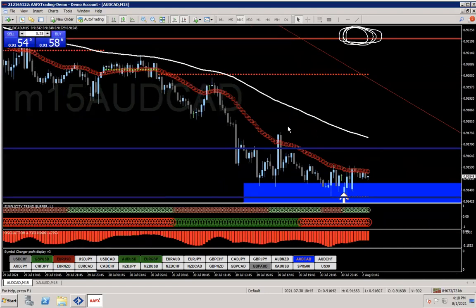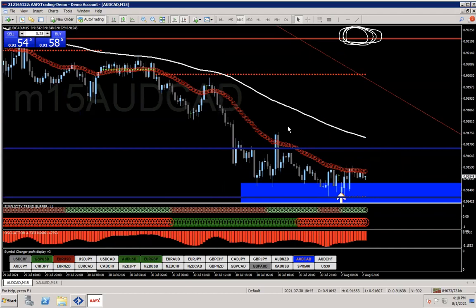So people have been asking me, do these repaint? Yes, they do repaint, but they're going to repaint on lower time frames. We're talking about 5 minute, 15 minute, 1 minute, of course. But y'all, these arrows are not 15-minute arrows. These are 4-hour arrows, and they are daily arrows.